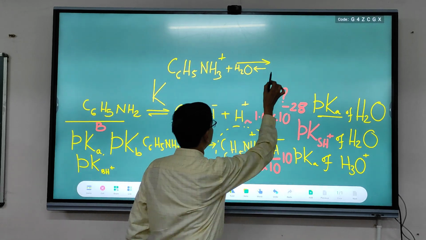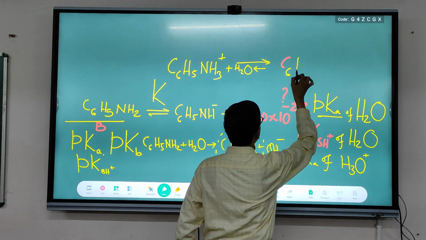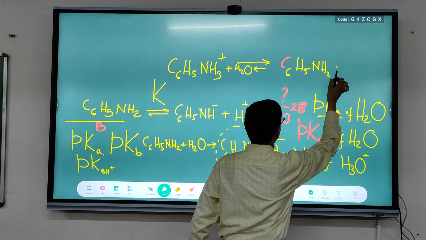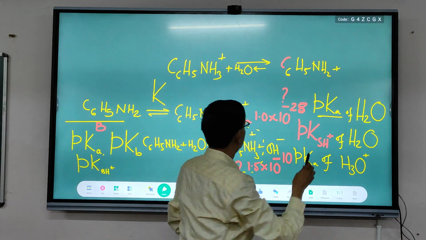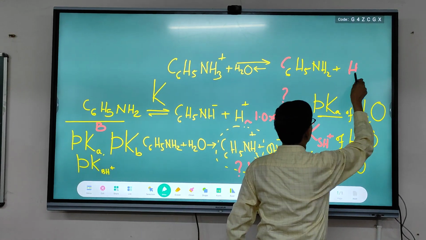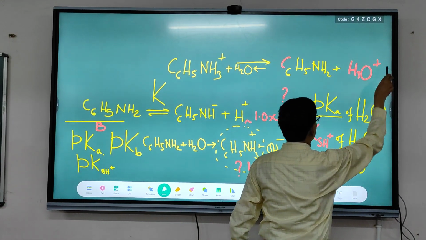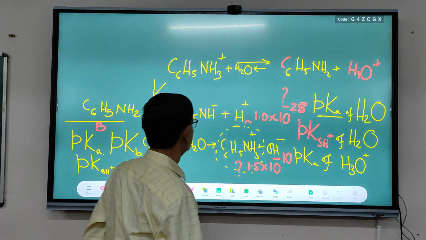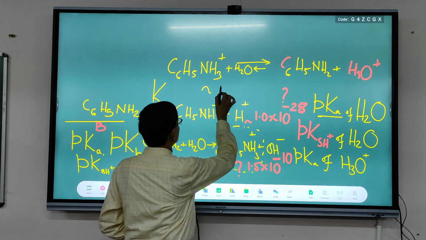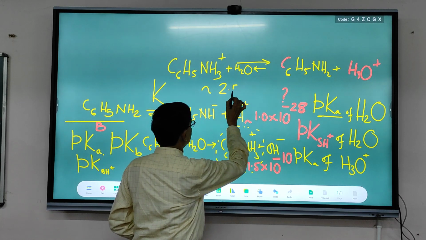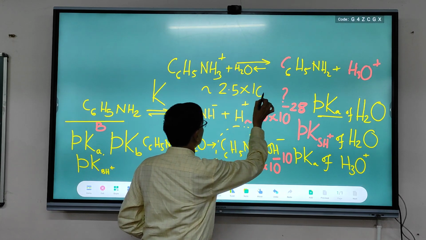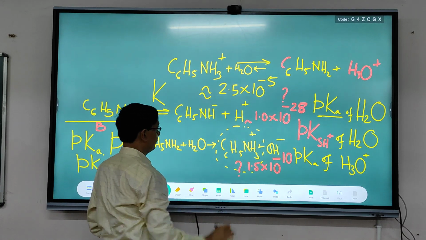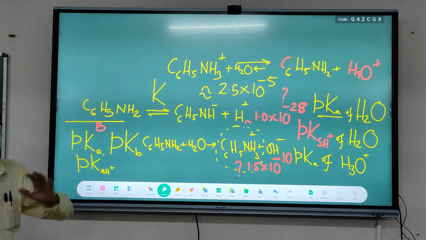It can form C6H5NH2, and it will release this hydrogen, so it can form the hydronium ion. And if I monitor, I will get 2.5 into 10 to the power minus 5 value, approximately. So now you can understand the points.